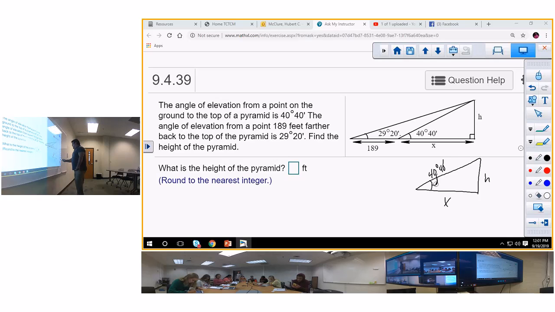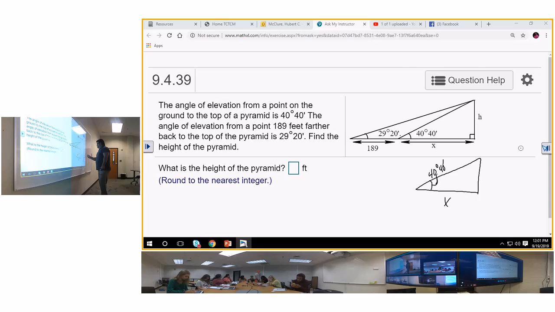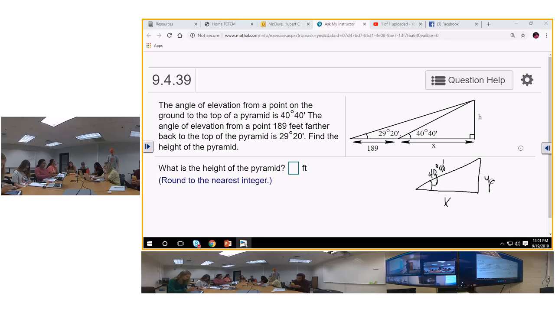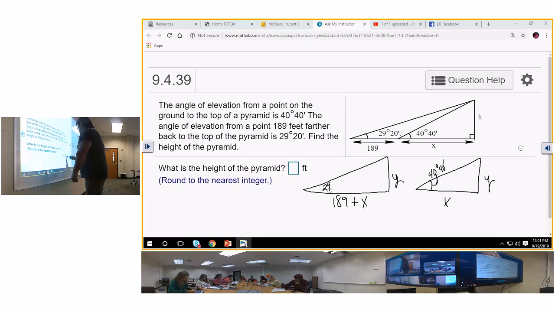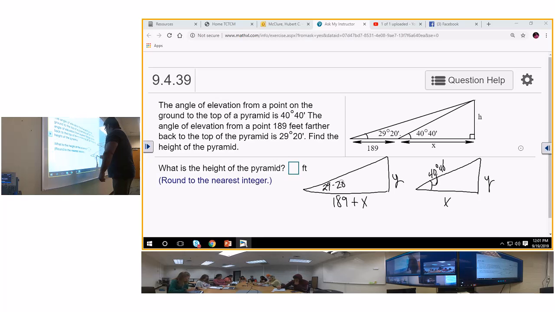I'm going to call this y. 189 plus x, y. Here's the area of a right triangle. 29, 20.